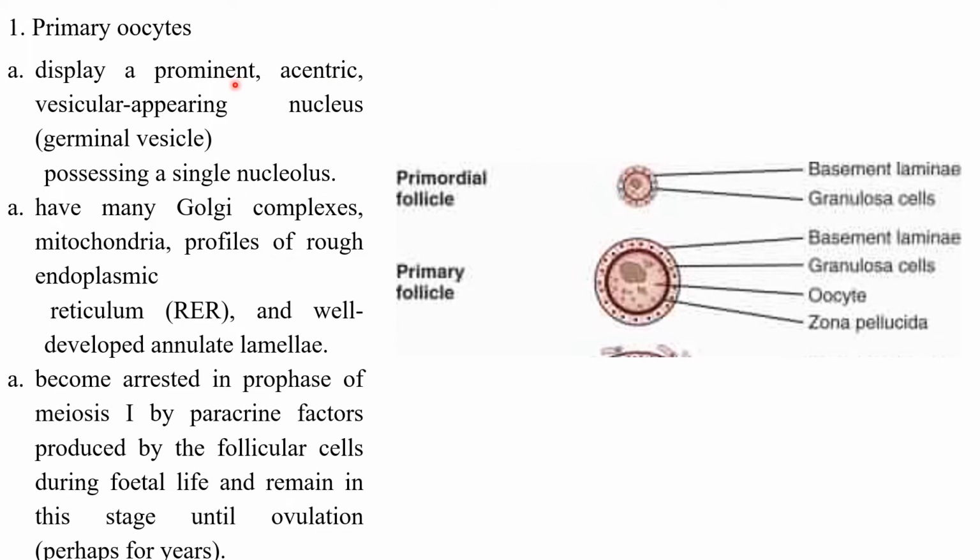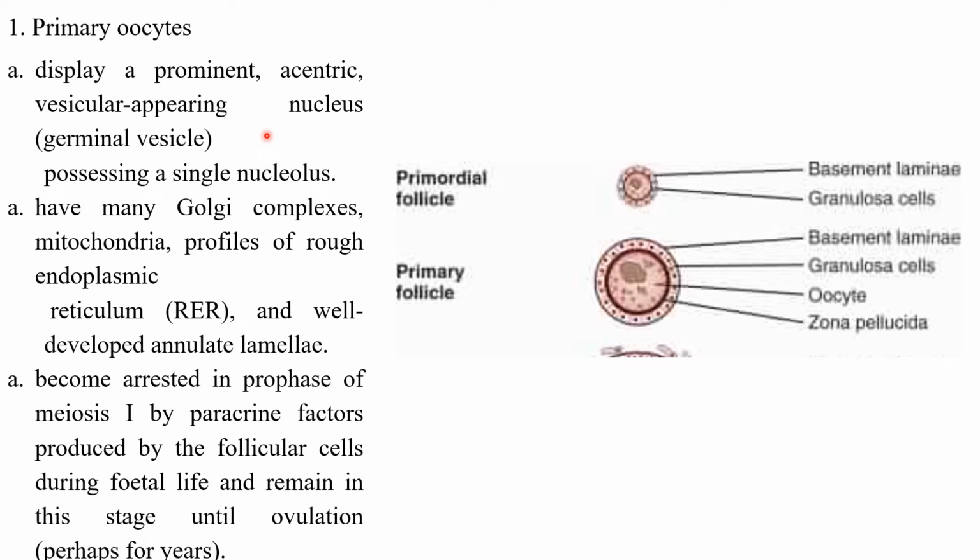The next stage in the development of the oocyte is the primary oocyte. These primary oocytes display a prominent eccentric vesicular-appearing nucleus possessing a single nucleolus.